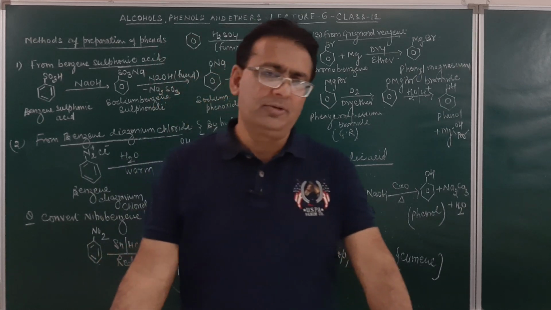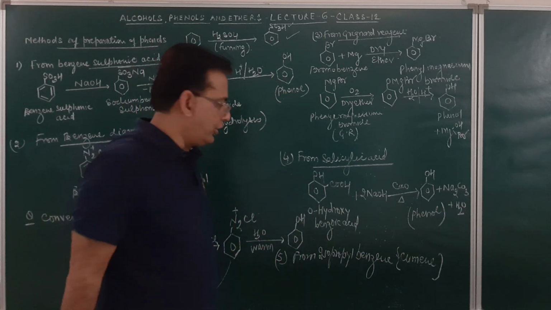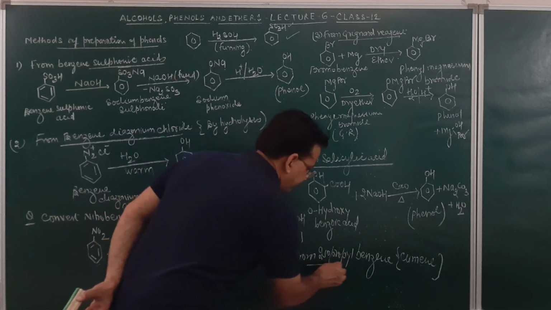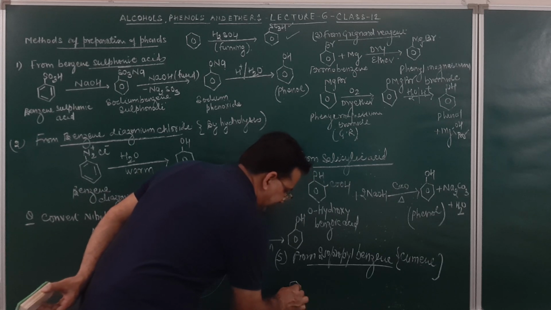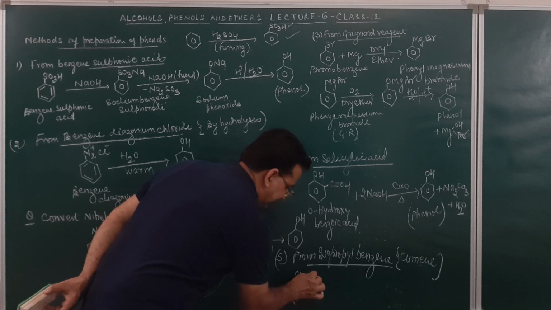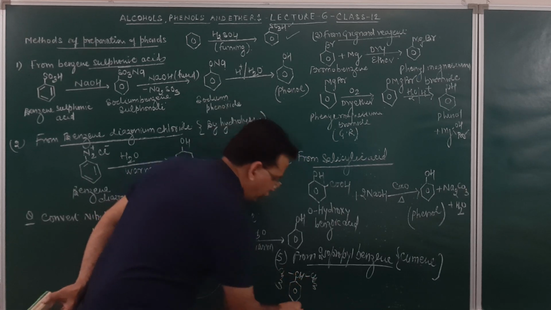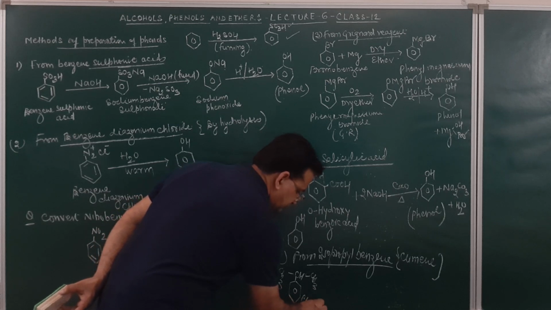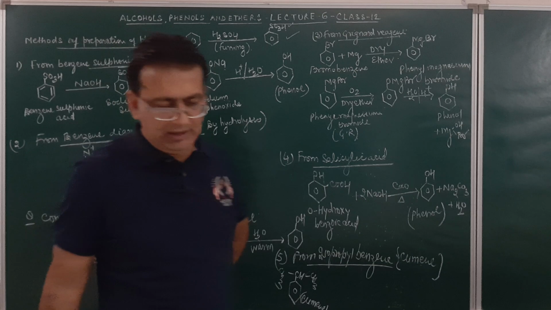Student, cumene on oxidation in presence of a suitable catalyst. How will I write down the reaction? Cumene, C6H5, CH, then CH3 and CH3. This is cumene, or it can be called isopropyl benzene.